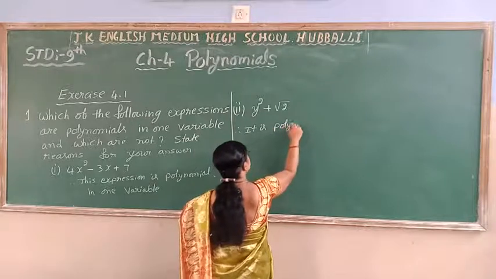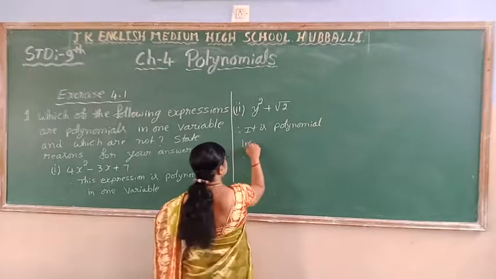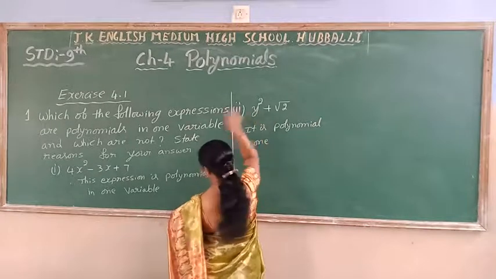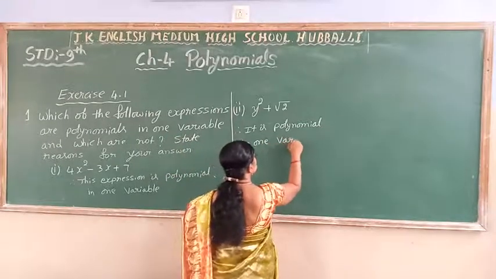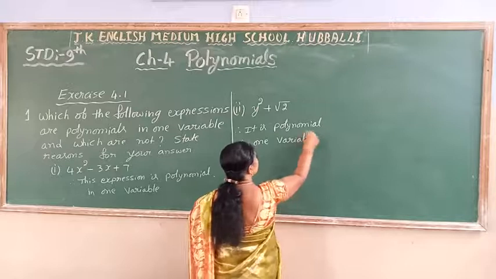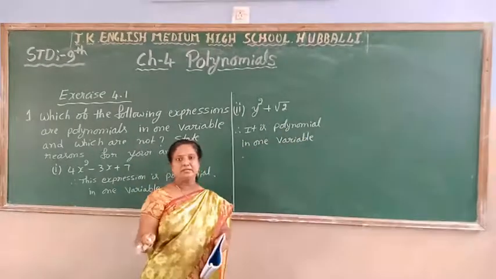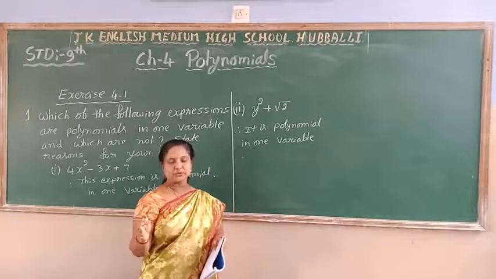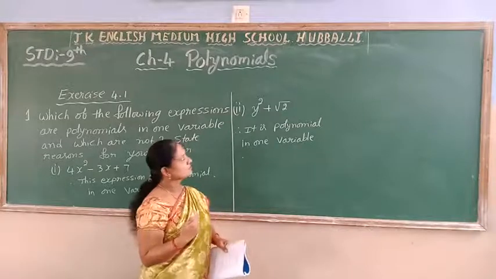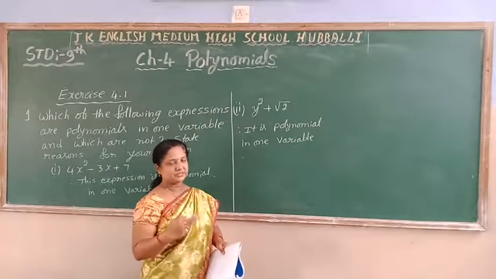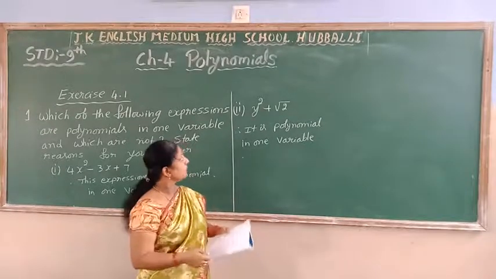The powers are in decreasing order. Any term can be 0, so if any numerical coefficient is 0, then that term will not be there. Here the first power term is not there, so it becomes a polynomial in one variable only.